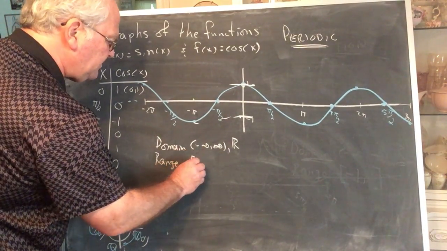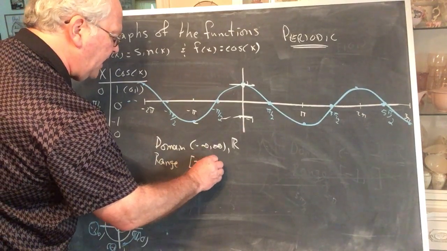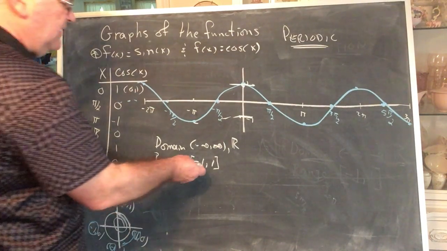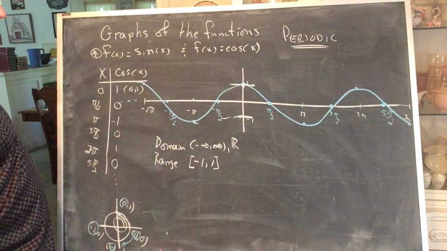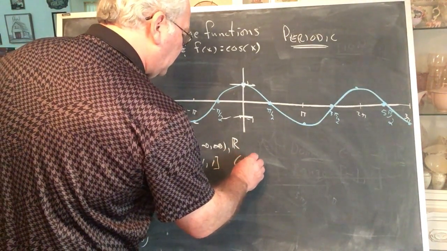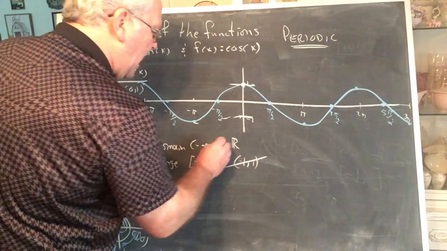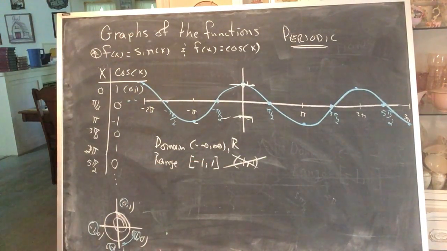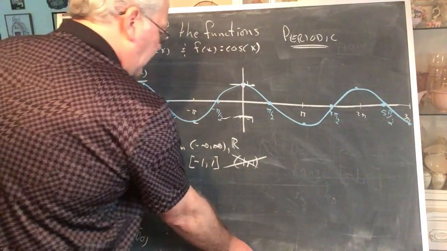So the range is the closed interval from -1 to 1. If someone someday on an exam asks you what is the range of the cosine function, and one of the choices is the open interval, then you know that is not the correct result. The correct answer is the range of the cosine function is the closed interval from -1 to 1. All right?